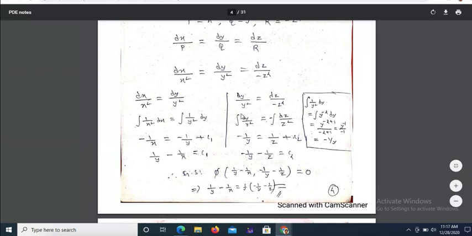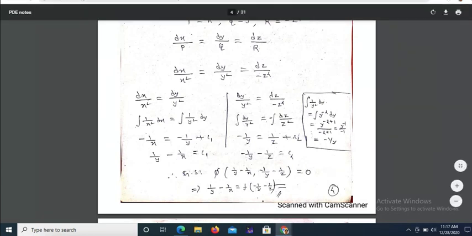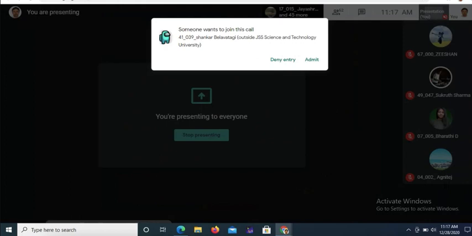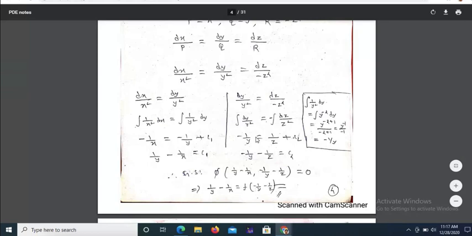Similarly, last two terms I have taken, dy by y square and dz by z square.